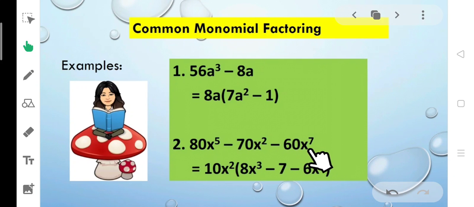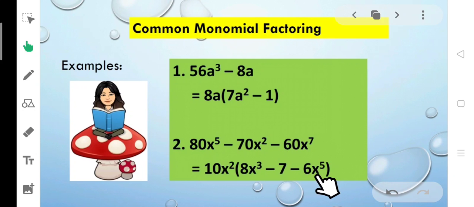Then, negative 60x raised to the 7th power divided by 10x squared is negative 6x raised to the 5th power. Look at this one, 7 minus 2 is 5. Negative 60 divided by 10 is negative 6. Then for the variable, just copy the variable and subtract the exponents.